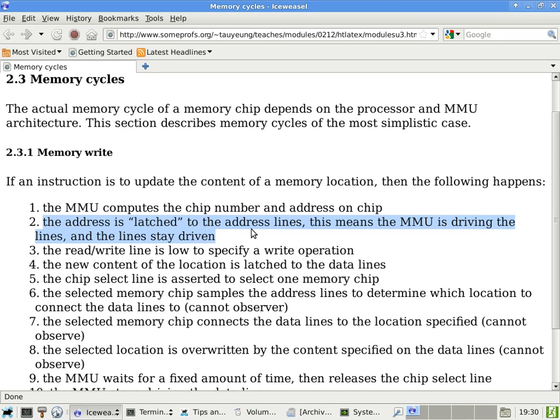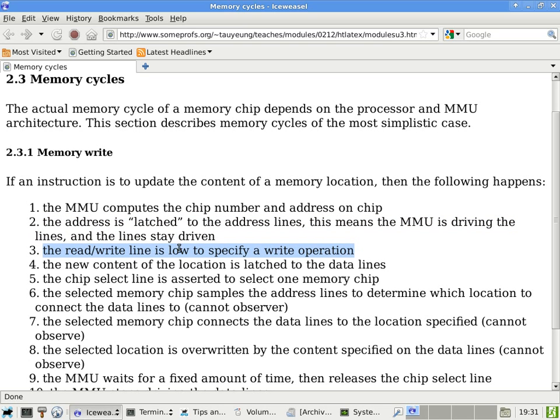Back in the good old days, 5 volts is high and 0 is low. But these days, our memory chips can handle lower voltages, so high may be 1 point something volts instead of 5 volts. So the address lines are all determined in step 2. And we keep the address lines driven exactly like this for the entire duration of the cycle until we say, okay, we don't need the address lines to be driven anymore.